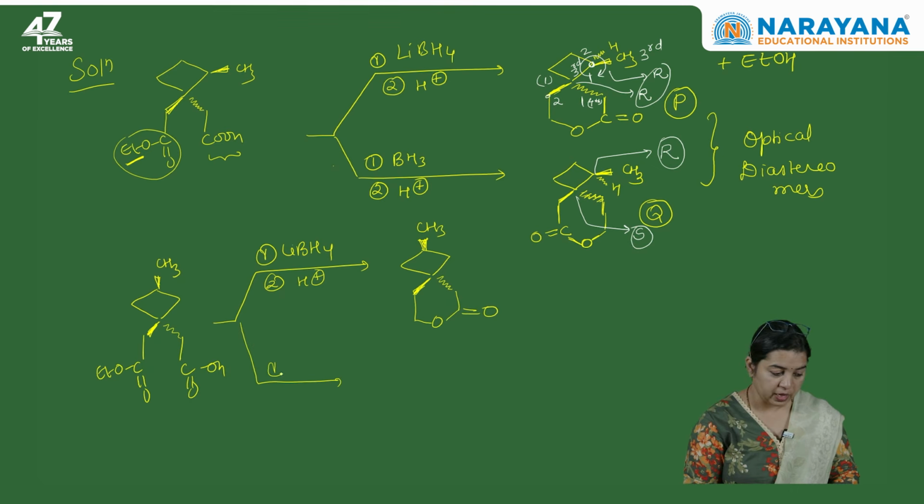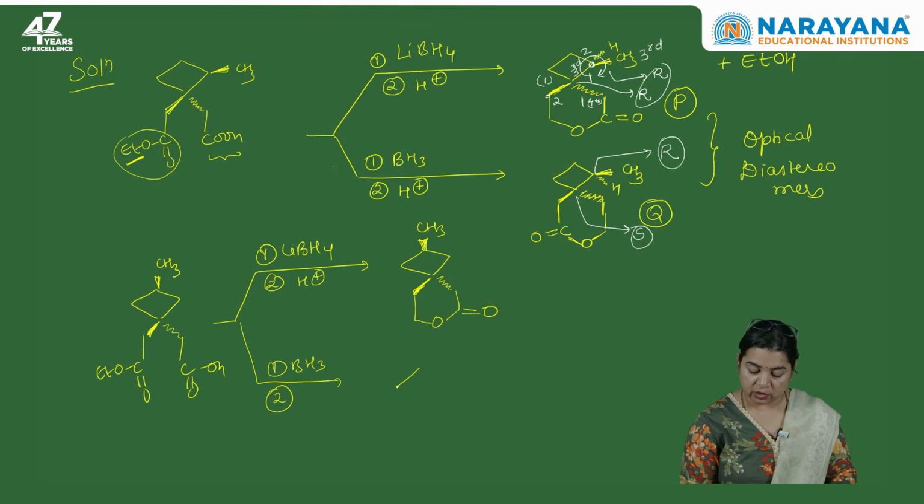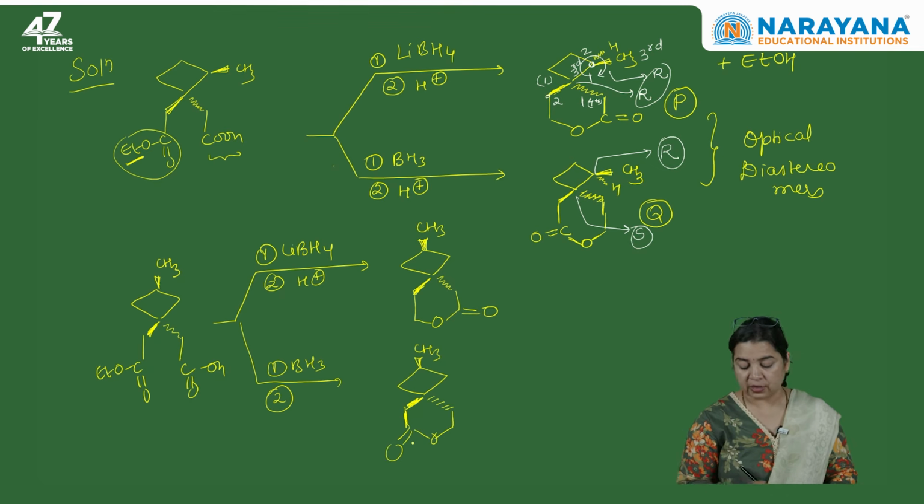Whereas with BH3, the reaction is the same, just the positions are changed, so the reaction discussion is identical, right? Again, the same change: the ester remains unchanged, so you will have oxygen here and the acid part is reduced, so you'll have alcohol at the back, right?